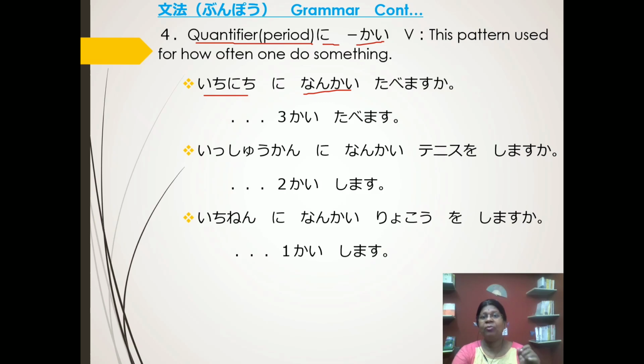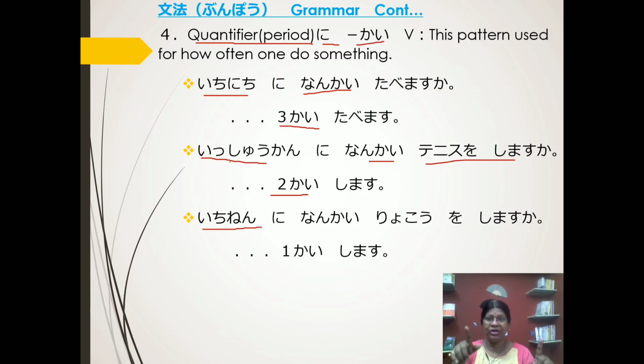In a day, how many times do we eat? 3回食べます。3 times. 1週間に何回テニスをしますか?Here the quantifier period is 1週間。何回テニスをしますか?2回します。Here 1年に, in a year.